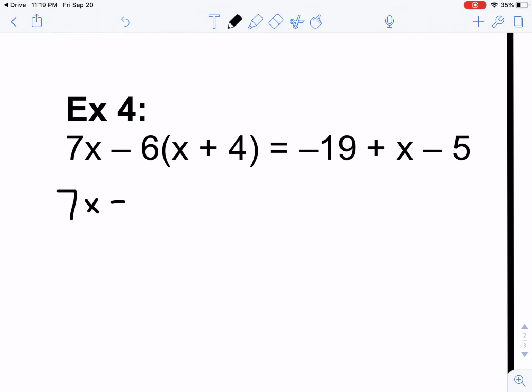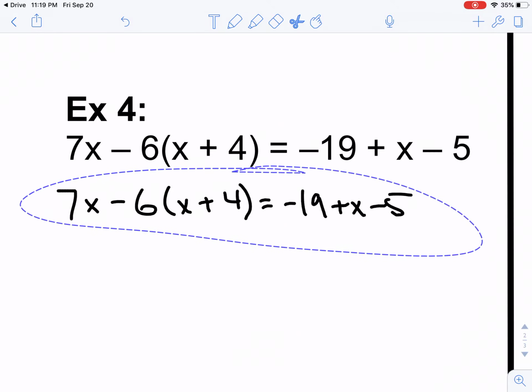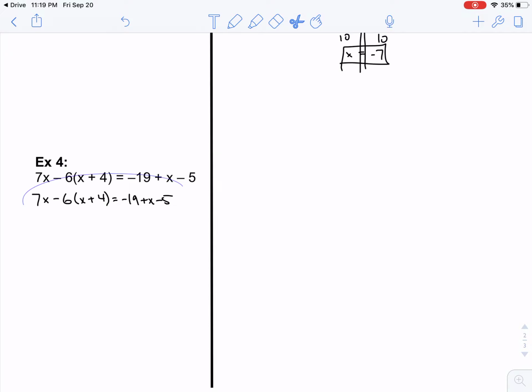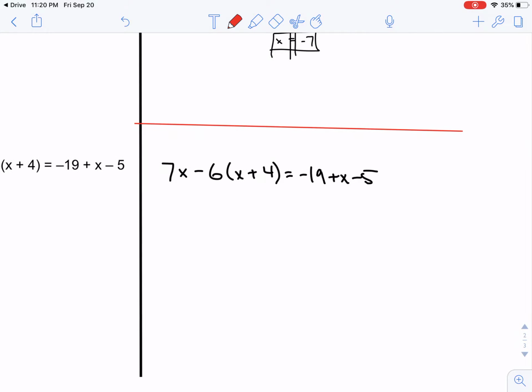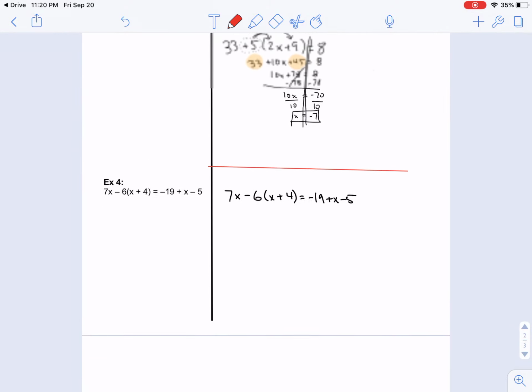7x minus 6x plus 4 equals negative 19 plus x minus 5. Let's draw a little line so we know. Okay.